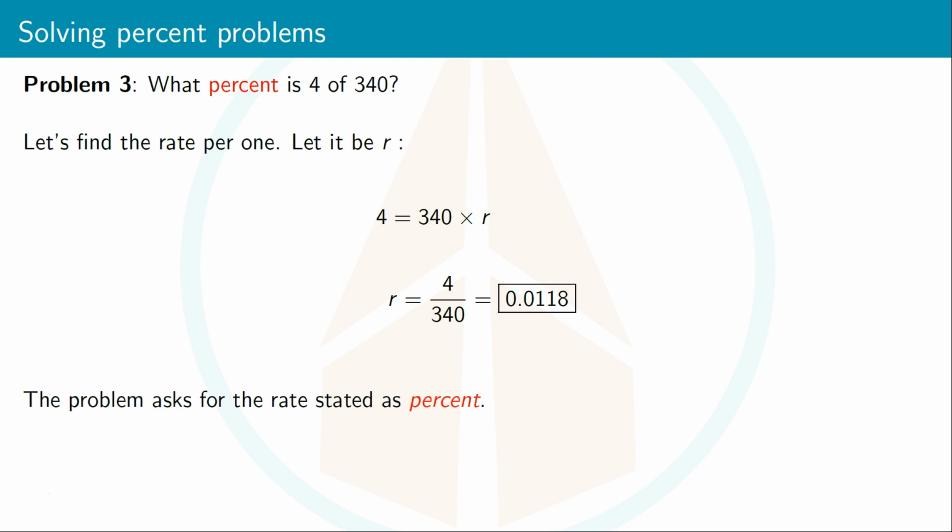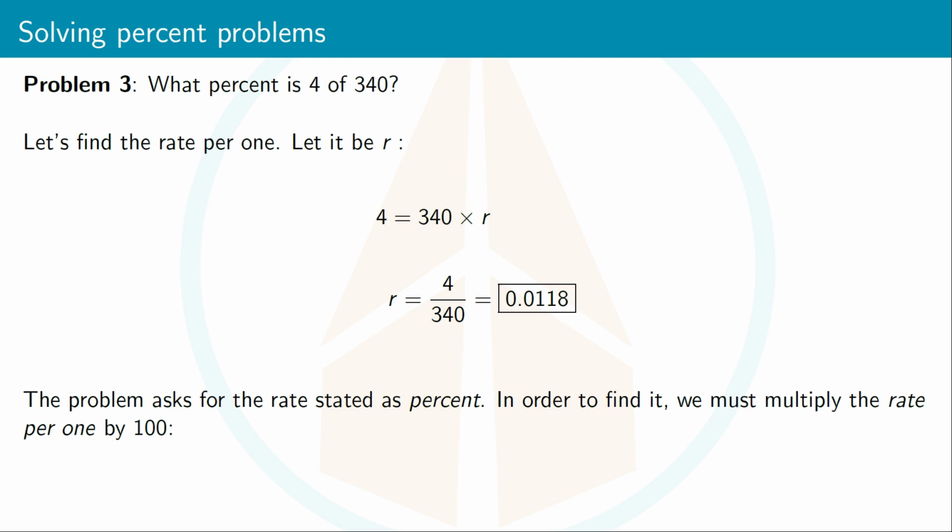Because this problem is asking us about percent, we can convert the rate per 1 to the rate per 100 by multiplying the rate per 1 by 100. In this case, we obtain the answer, which is 1.18%. So, 4 is 1.18% of 340.